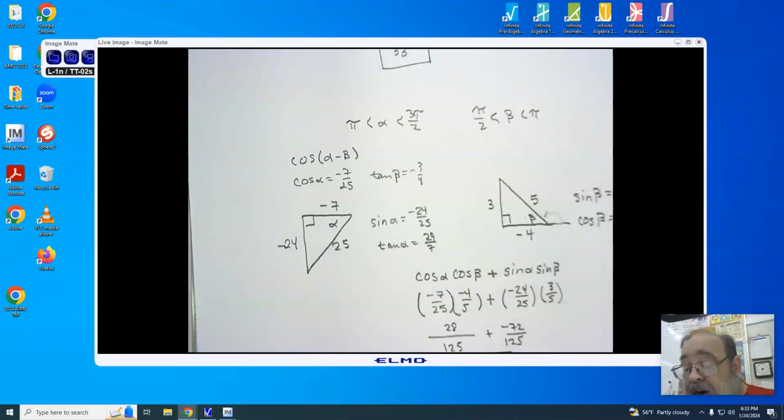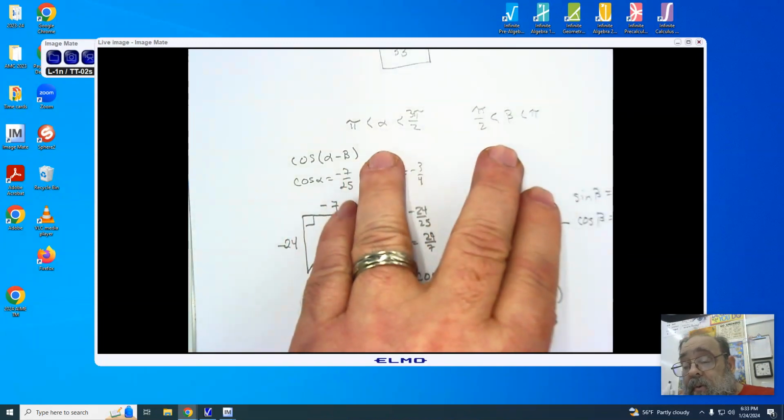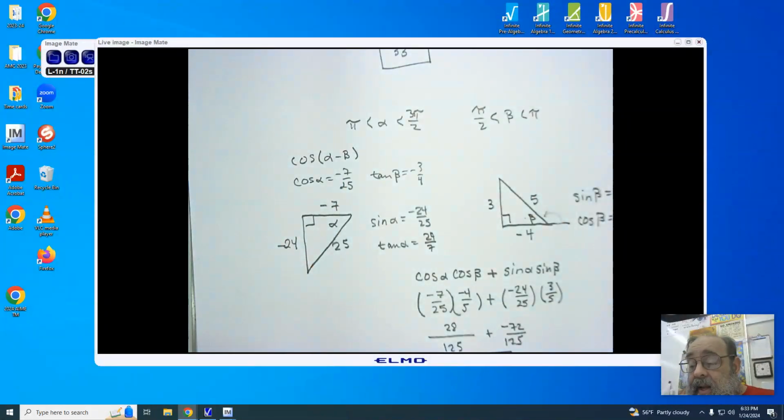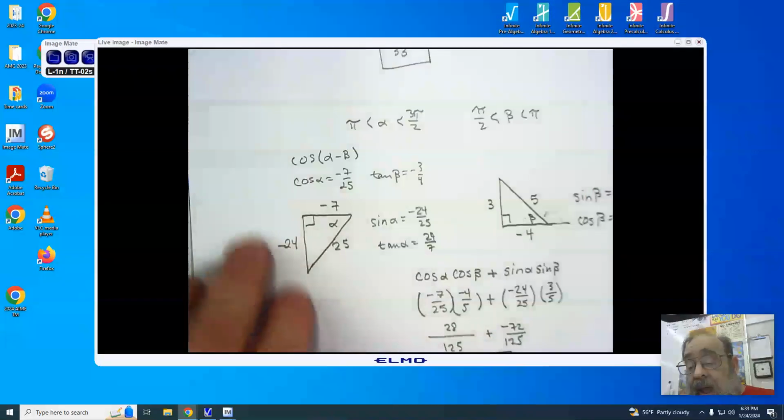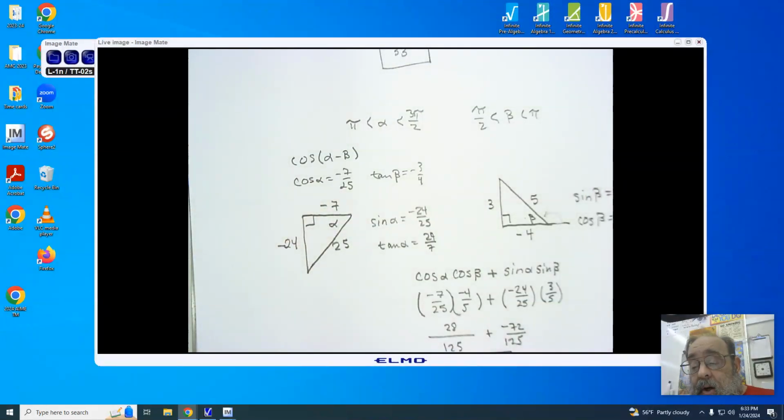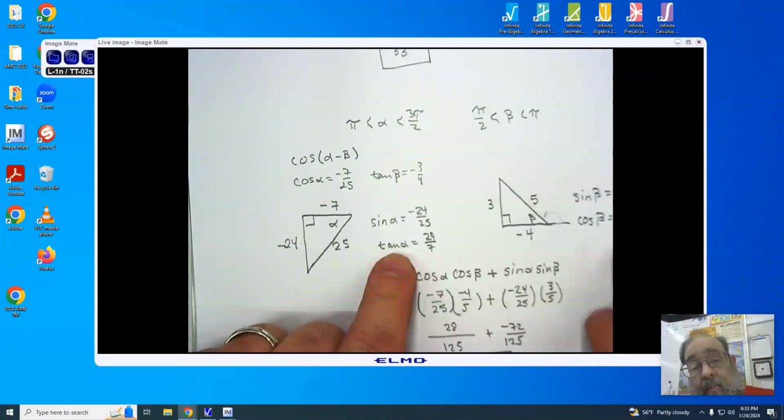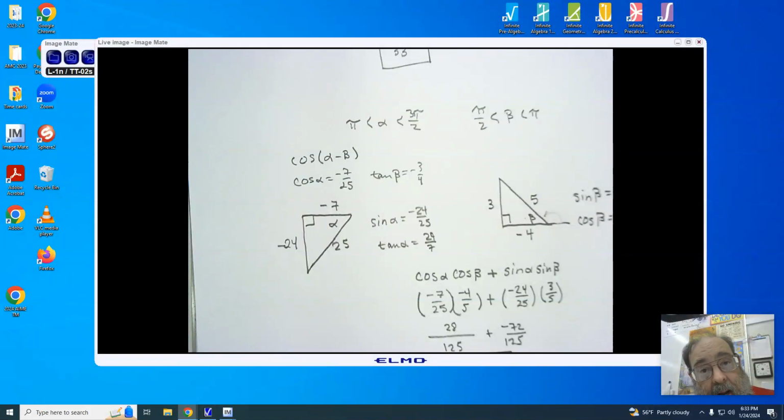Notice it does not matter what actual function they ask us to find, be it the sum or difference of sine, cosine, or tangent. As long as they tell us what quadrant the reference angle is in, and they tell us one of our ratios for each of those angles, we can find the other using the Pythagorean theorem and then setting up for sine the opposite over hypotenuse, for the cosine the adjacent over hypotenuse, and for the tangent the opposite over adjacent.